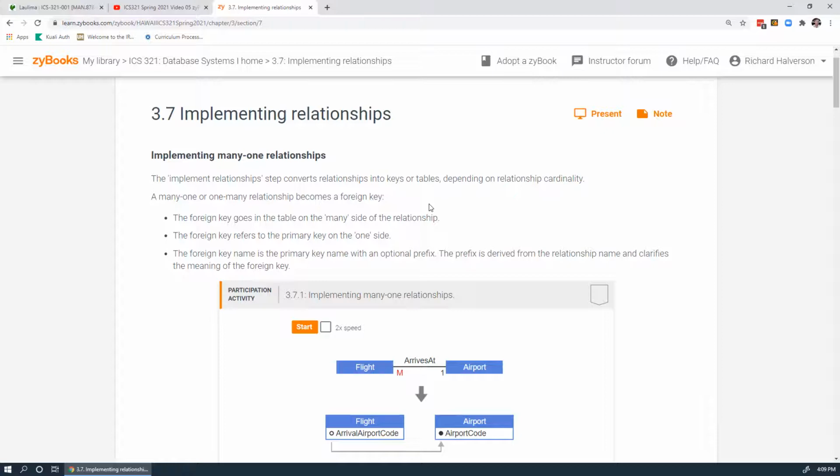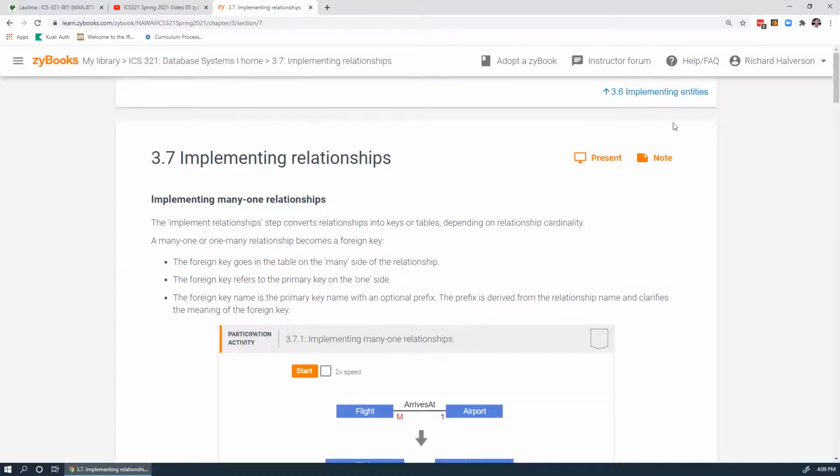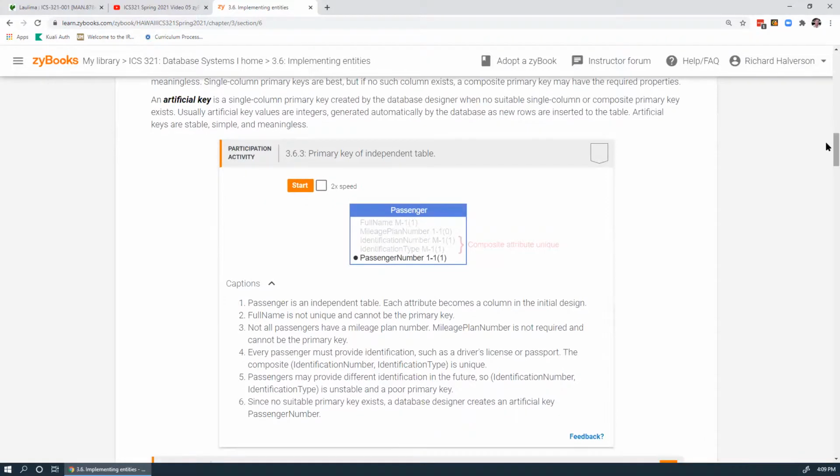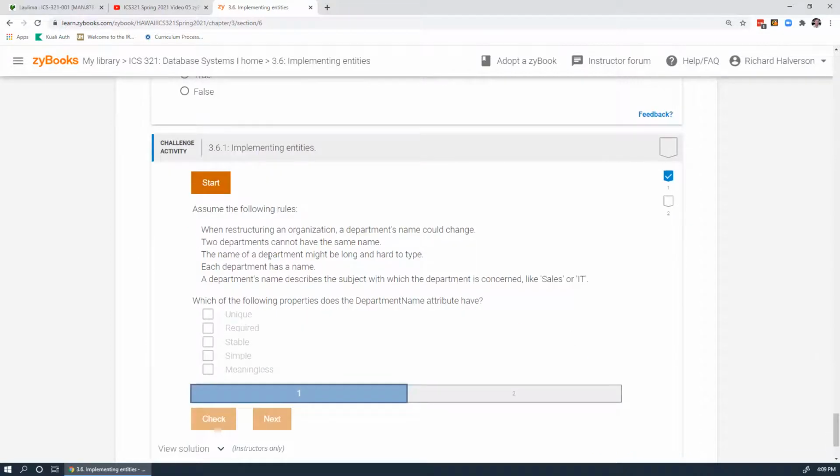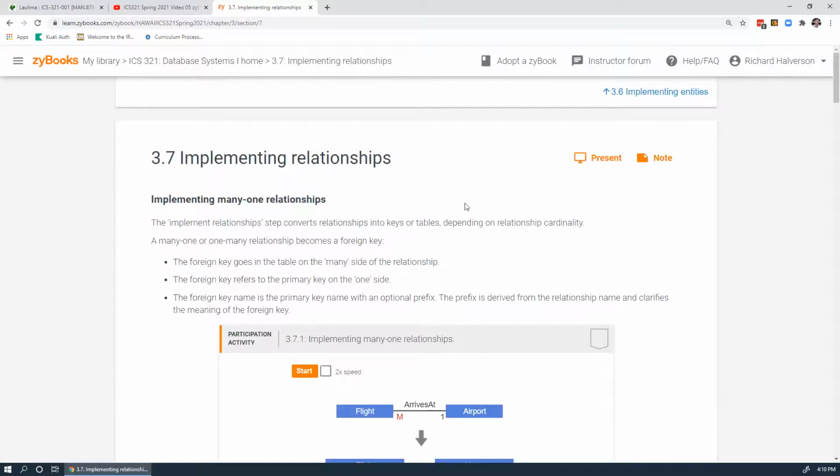So if you have a table of divisions and a table of departments, let's take this last example here. You have divisions and departments, and a department belongs to a division.